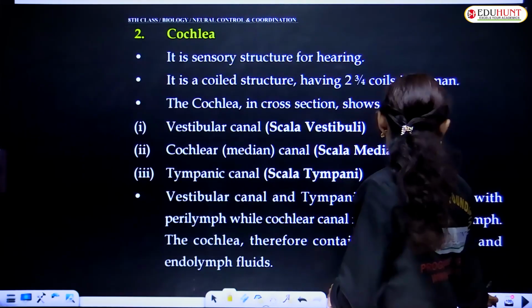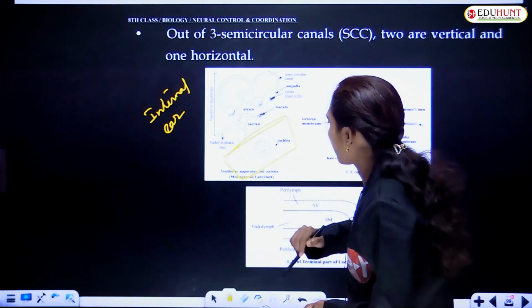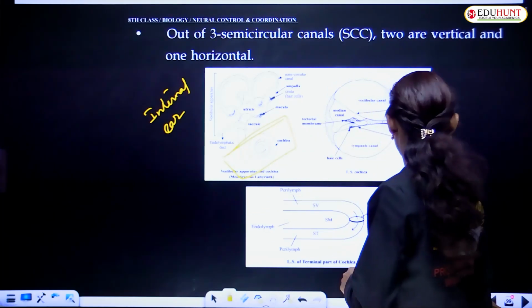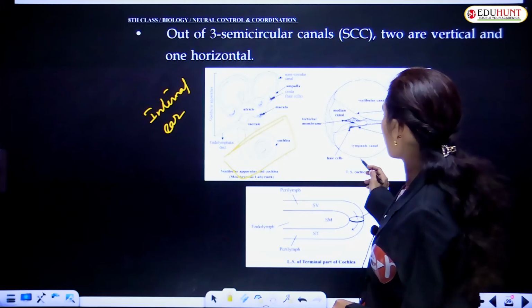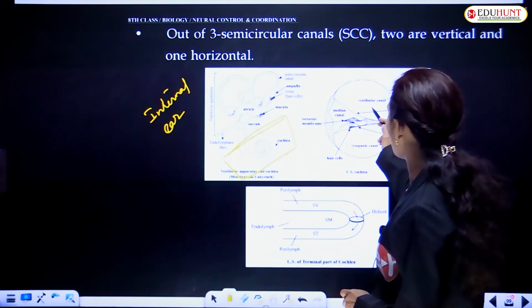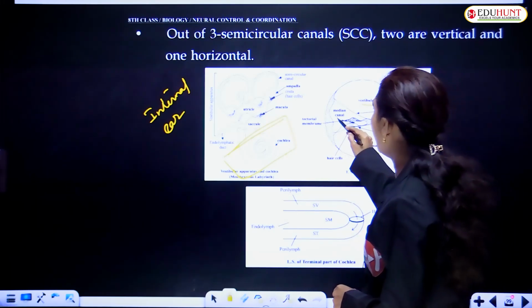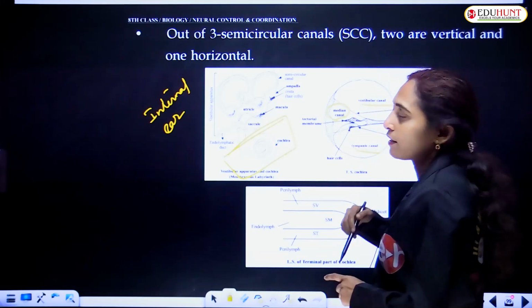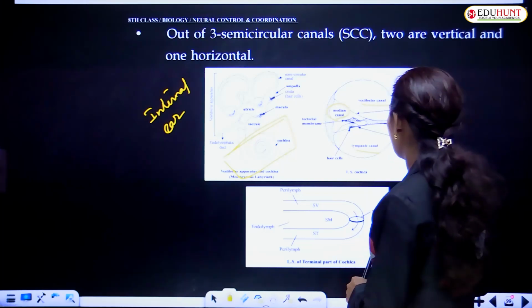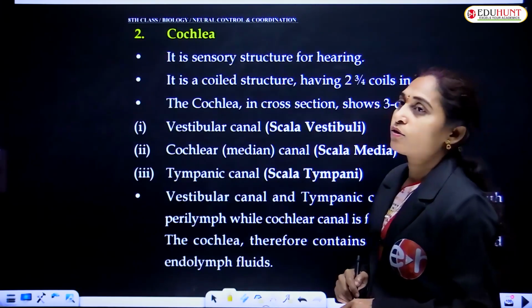Next is the cochlea. Here it is, in this part is the cochlea, and this is a TS of the cochlea, the transverse section of the cochlea. You can see the vestibular canal, tympanic canal and median canal here. These are the 3 canals present in the cochlea.